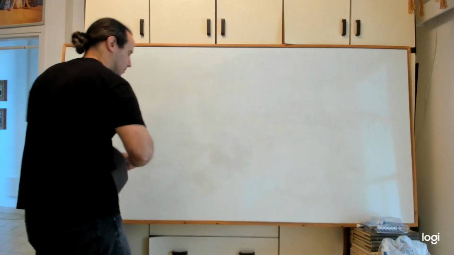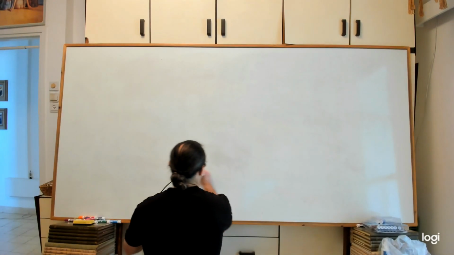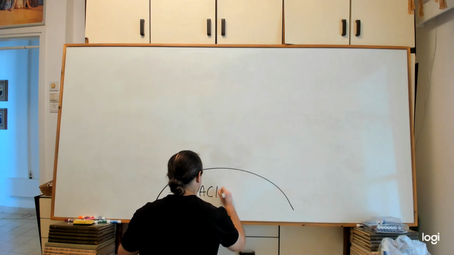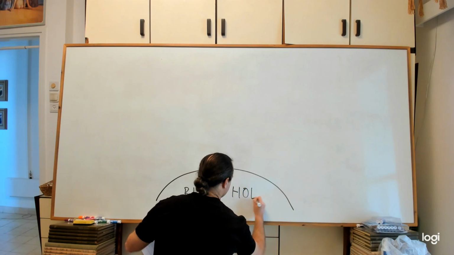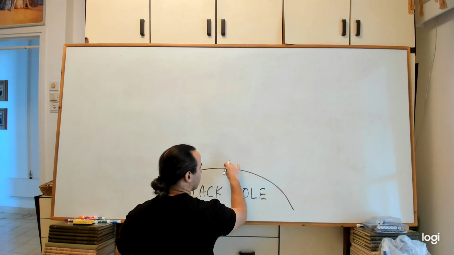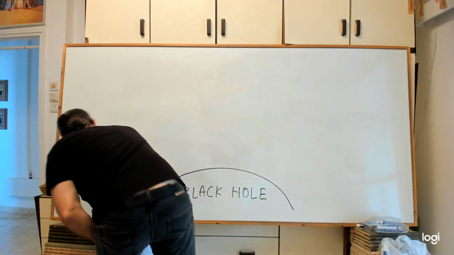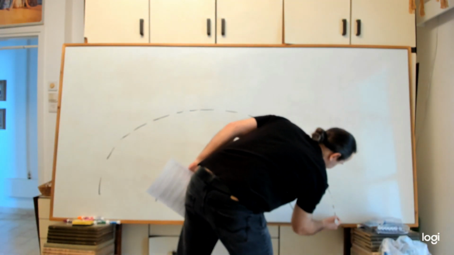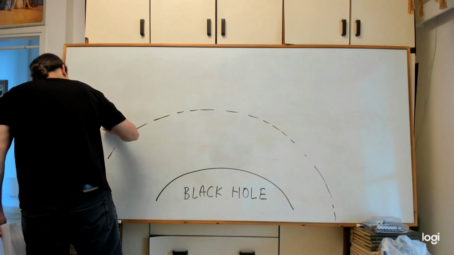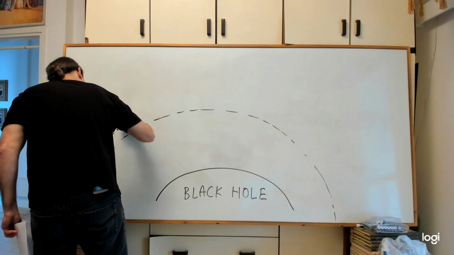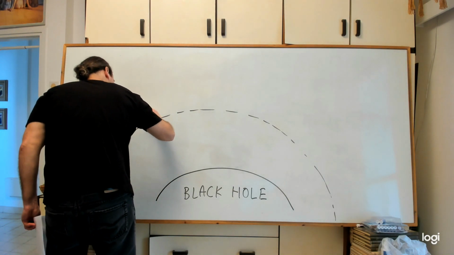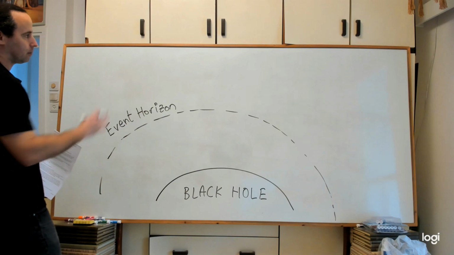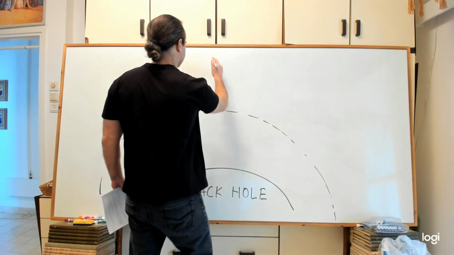Okay, so just the sketch: we have the black hole. This is like the ground. And we have the event horizon. And here we have our camera.